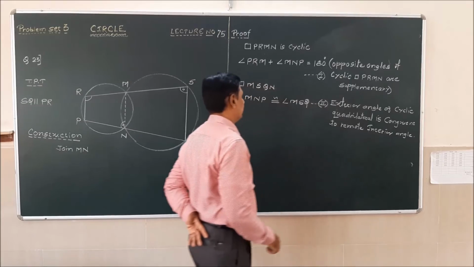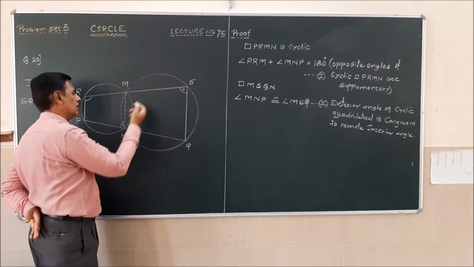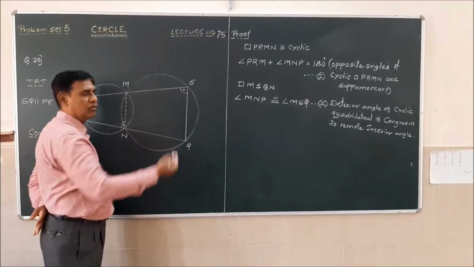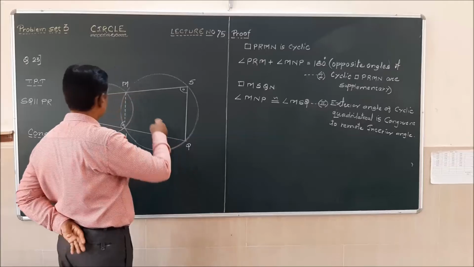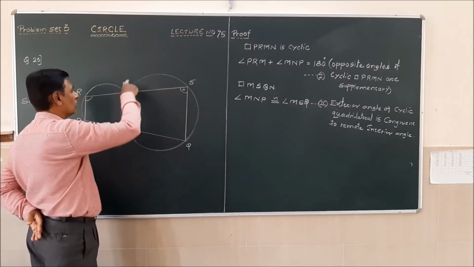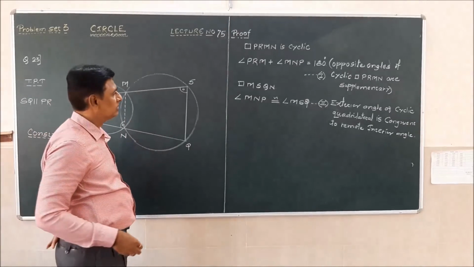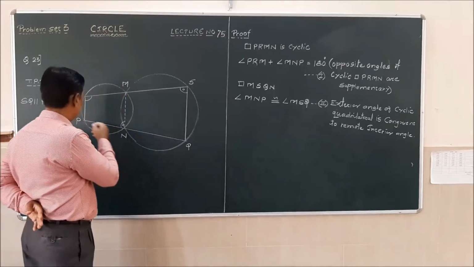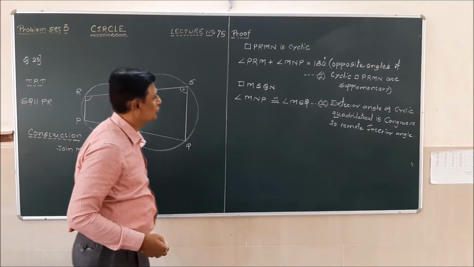This is a property. So MSQN is also a cyclic quadrilateral with respect to the larger circle. So we find that the exterior angle MNP is congruent with angle MSQ.